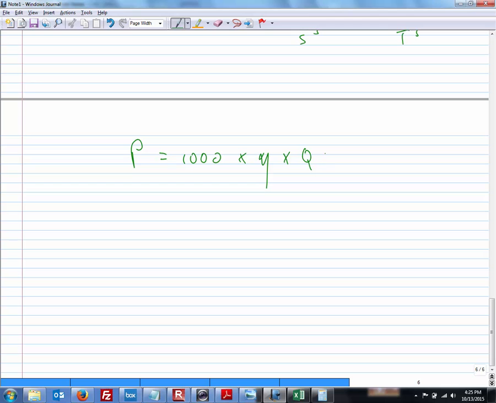Times Q times g times H, and this is going to be the power in 10 kilowatts.